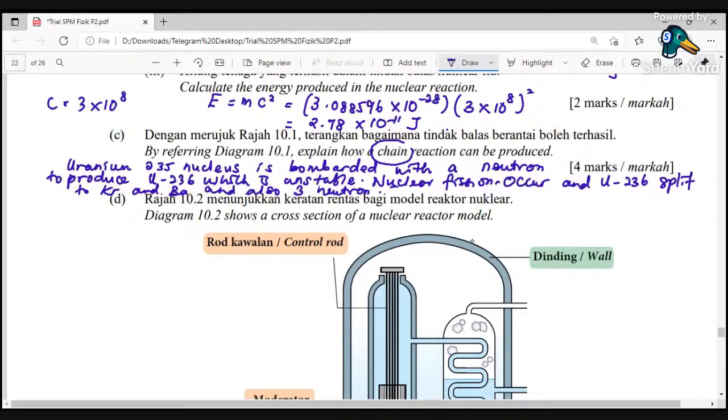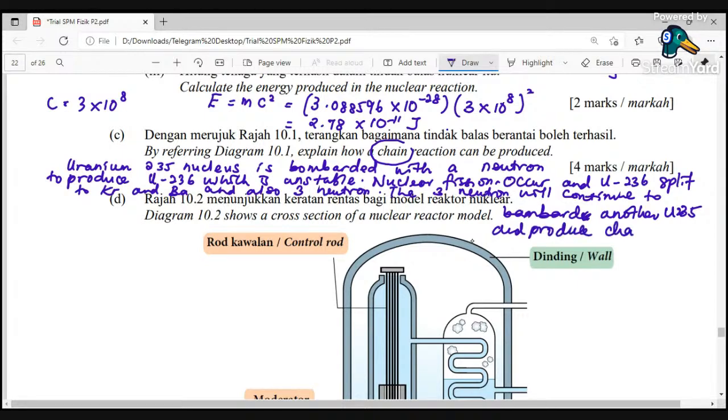The 3 neutrons will continue to bombard another uranium-235 and produce chain reaction.